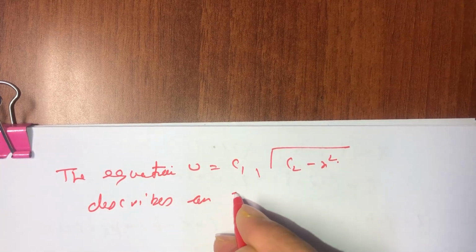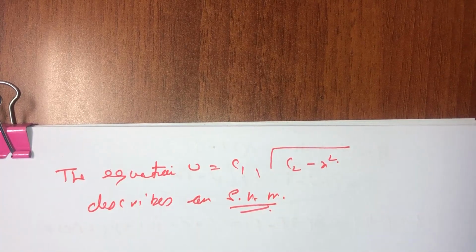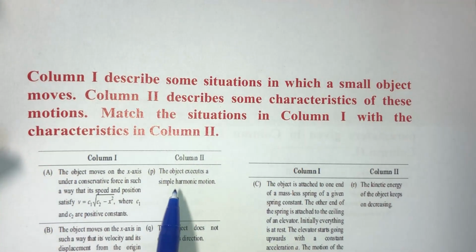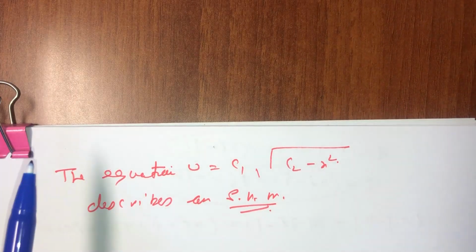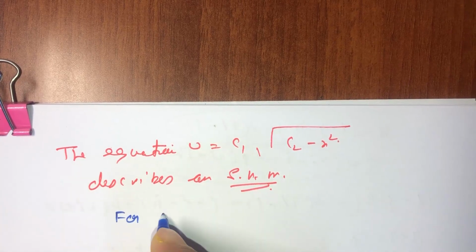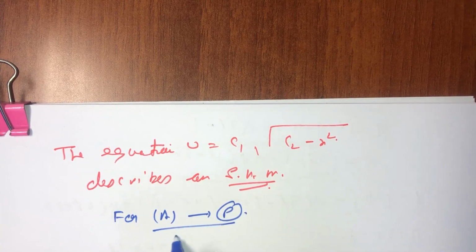So therefore, for A, option number P is the correct option. So we can say that for A, option P is the matching one.